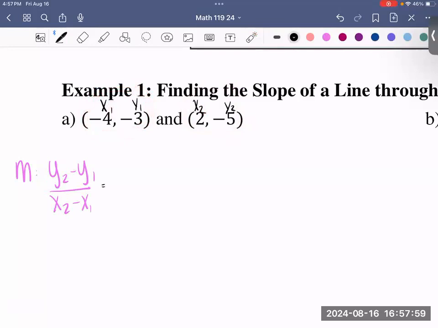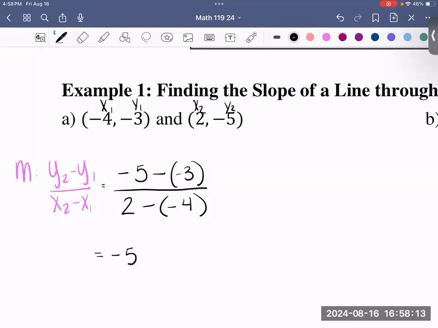So let's see, y2 we have labeled as -5 minus y1, which is -3, so use your parentheses, over 2 minus -4. Now that double negative is going to make a positive, so we really have +3 and +4.